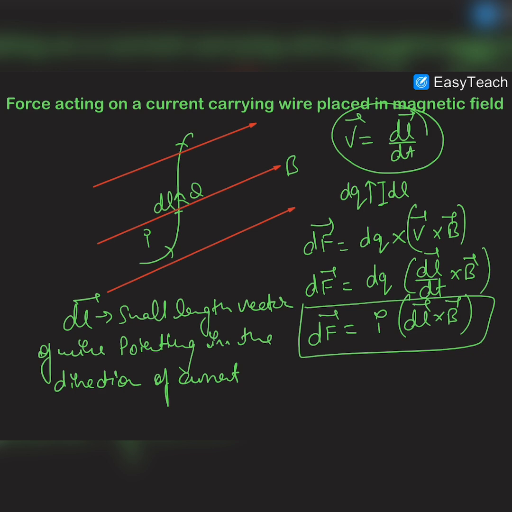Okay, so dl vector is a small length vector of wire which is pointing in the direction of current.